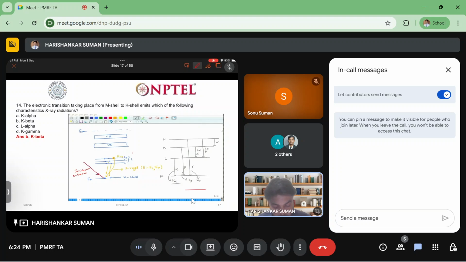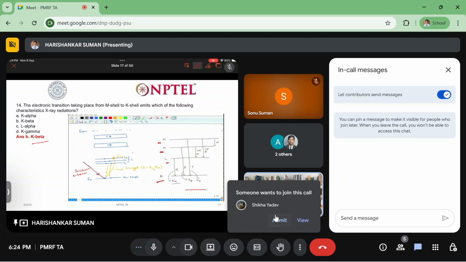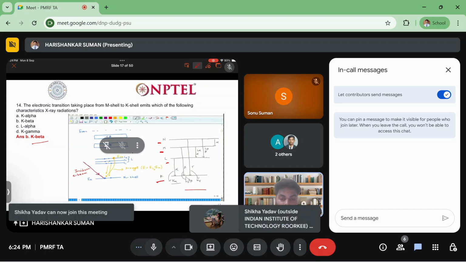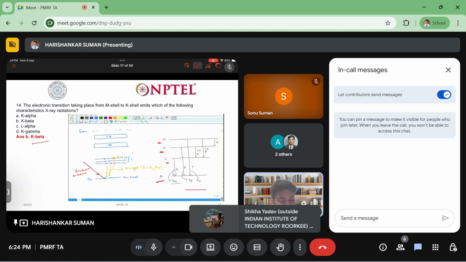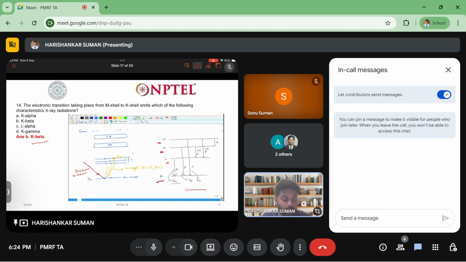K beta will be the X-ray name, and here is the nomenclature based on the selection rule. K, L, M, N: these are the shells. K shell, L shell, M shell, N shell. A transition from L to K is known as alpha, and M to K is beta.